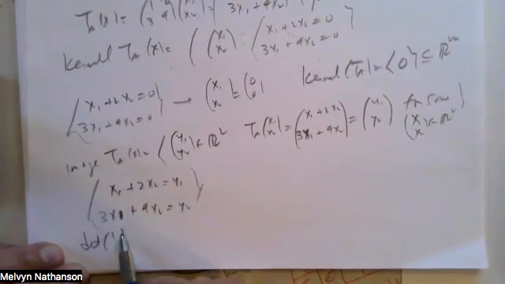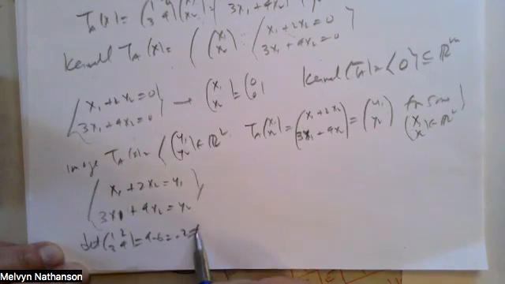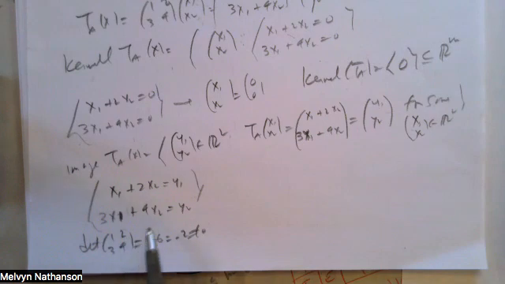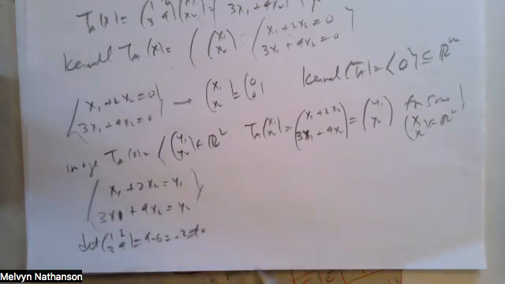determinant of the matrix 1, 2, 3, 4 is 4 minus 6, which is minus 2, not 0. So we know, in fact, that this set of equations always has a solution, right? We proved this already. If you have two equations and two unknowns, if the determinant of the coefficients of the x's is different from 0, for every y1, y2 there's a unique solution.